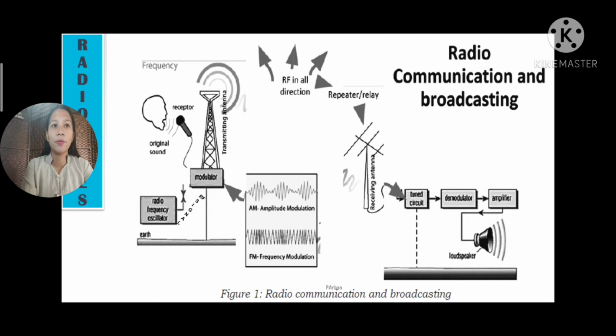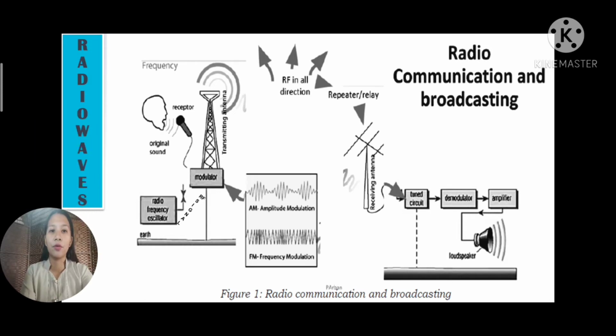Thus, radio waves are used to transmit signals in radio communication broadcasting. In this figure, we will show the flow of how signals are produced and transmitted through radio waves.